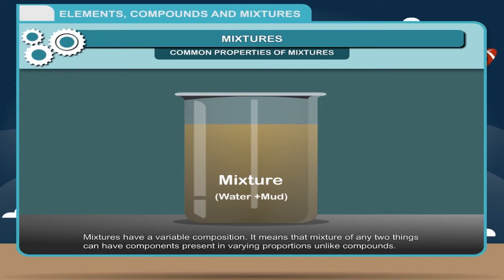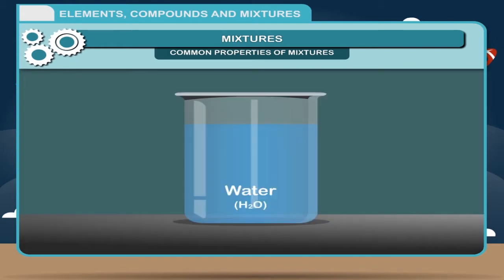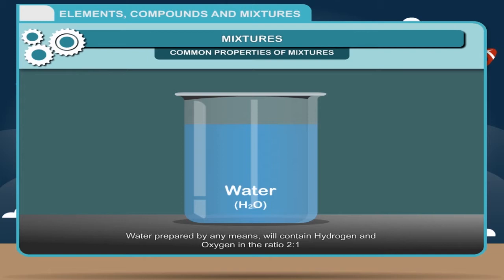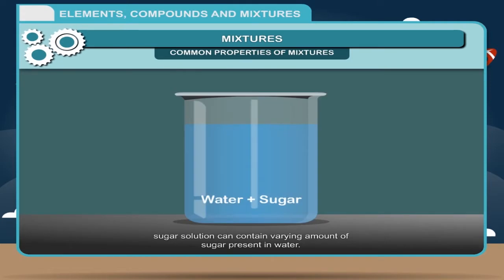It means that a mixture of any two things can have components present in varying proportions, unlike compounds. For example, water prepared by any means will contain hydrogen and oxygen in the ratio 2:1, but a sugar solution can contain varying amounts of sugar present in water.